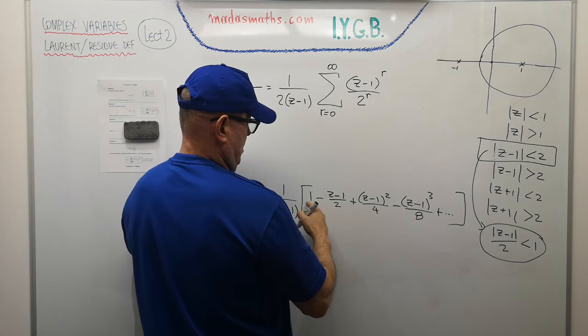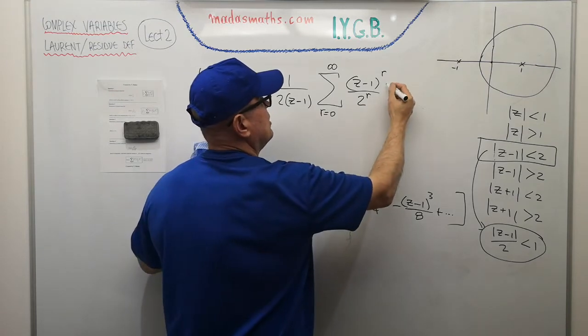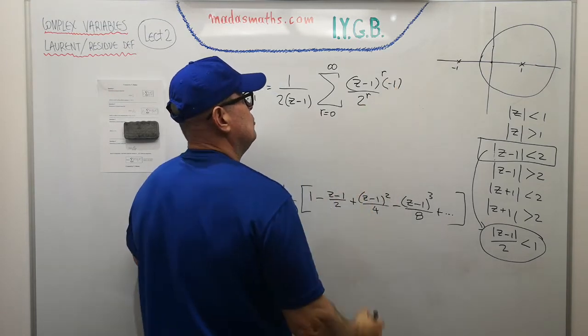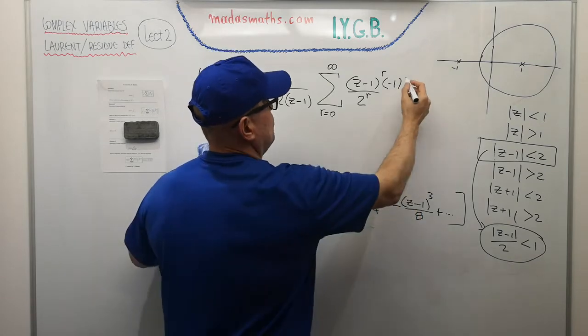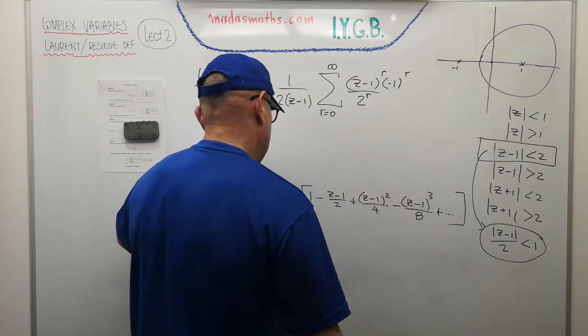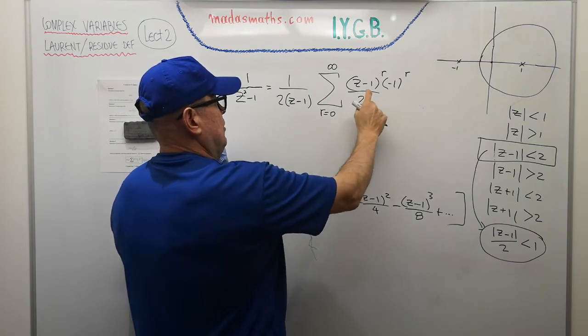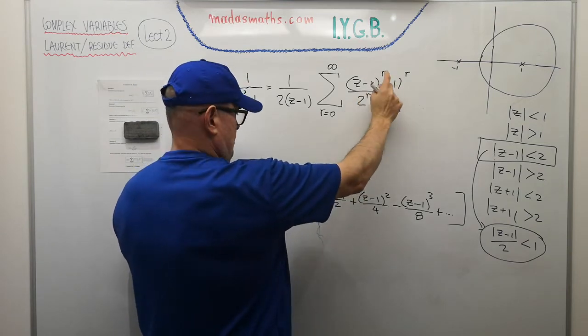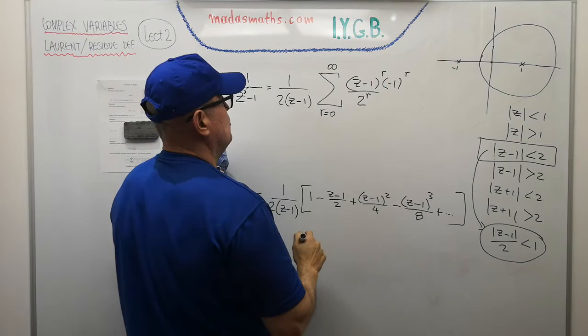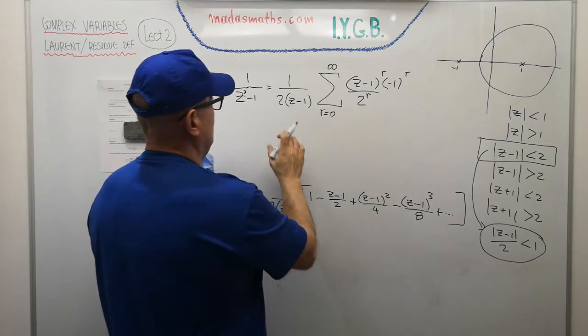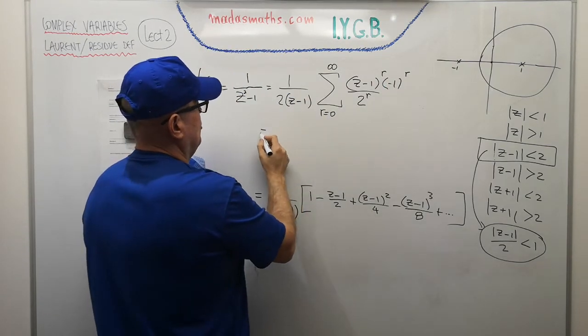Does that work? Okay, and I forgot the alternating factor, minus 1, and that again will be to the r. They're all r's, and nice and straightforward. When r is equal to 0, that is 1, positive, and of course after that it works.